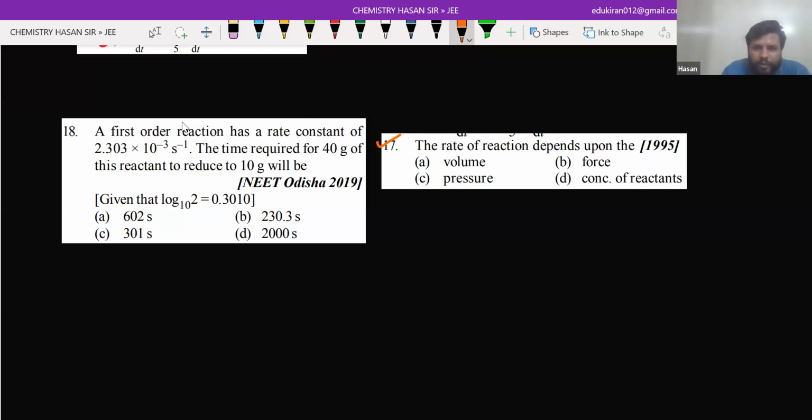First order reaction, rate constant K is given. The time required for 40 gram of this reactant to reduce to 10 gram will be.